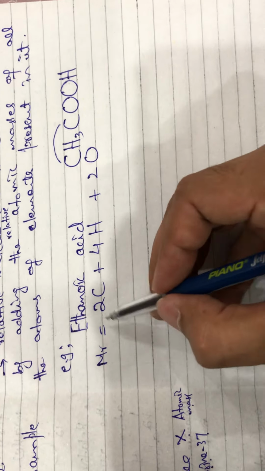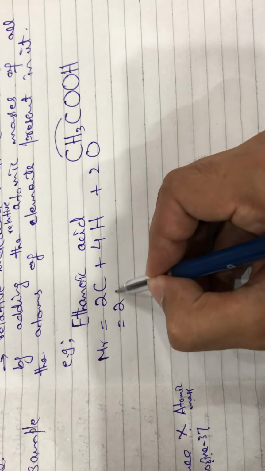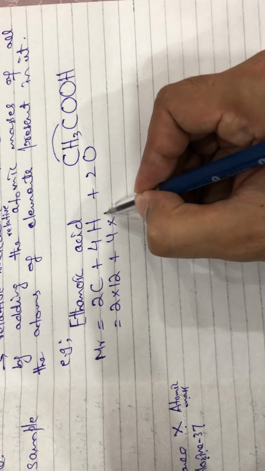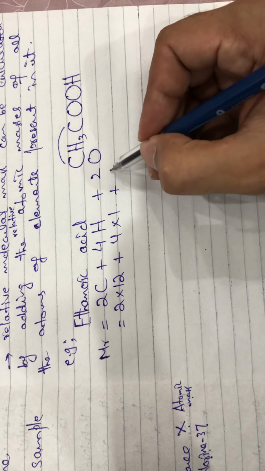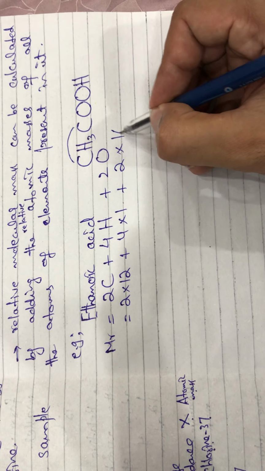By looking at the periodic table, carbon's relative atomic mass is 12, hydrogen is 1, and oxygen is 16.